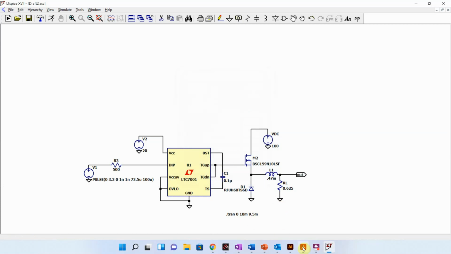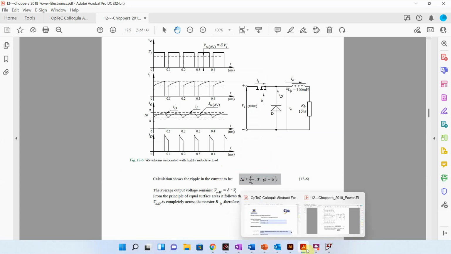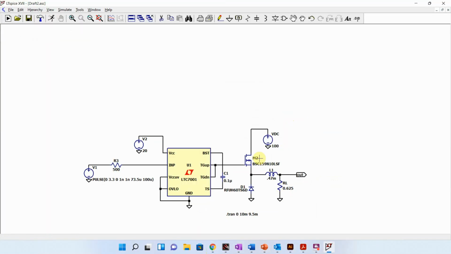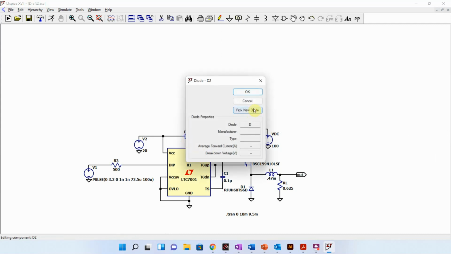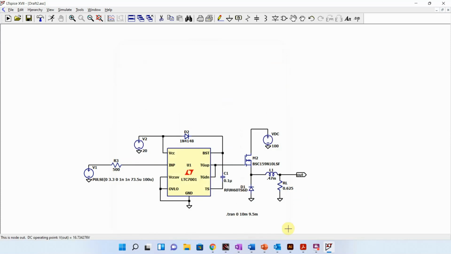Okay, and then they also had a diode between the BST and my VCC. And go ahead and grab a 4148, nice little signal diode. Okay, so now we have this whole thing. Let's run it and see what happens.